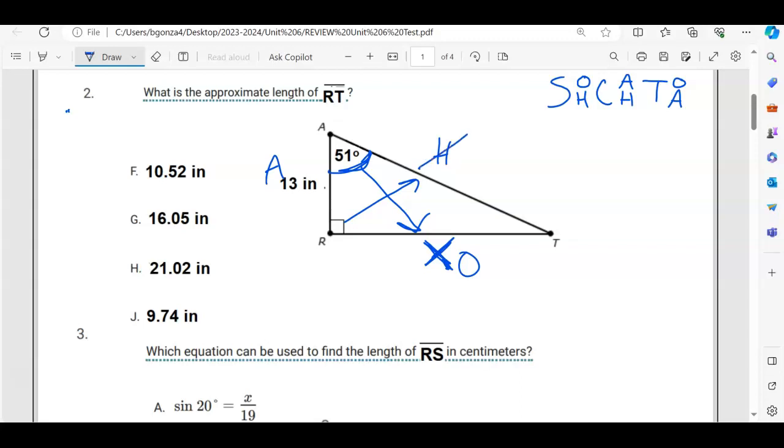All right, so cross out H, no H. So now we have O and A, which once again is tan. So let's go and write this out.